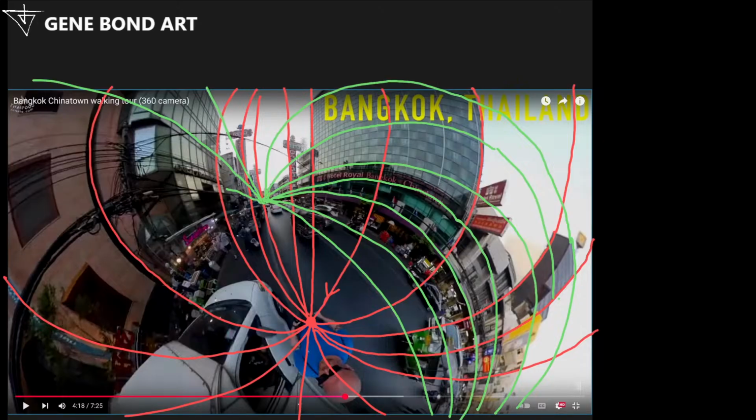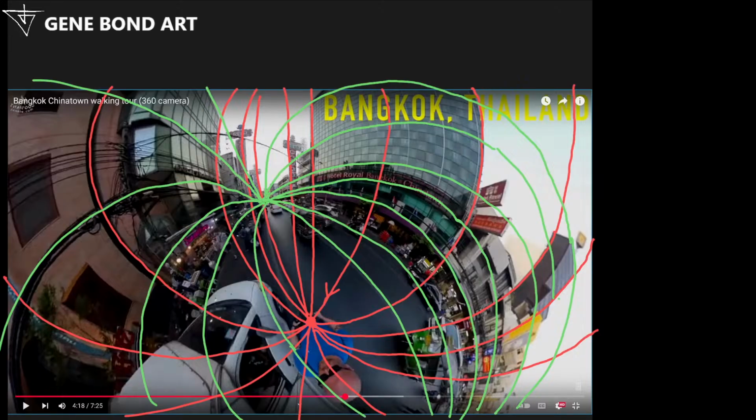The ability to draw such insane perspective, to blow people's minds.